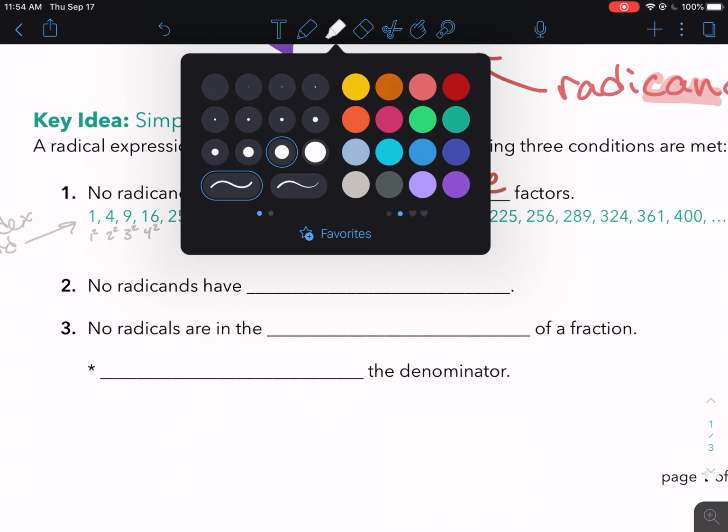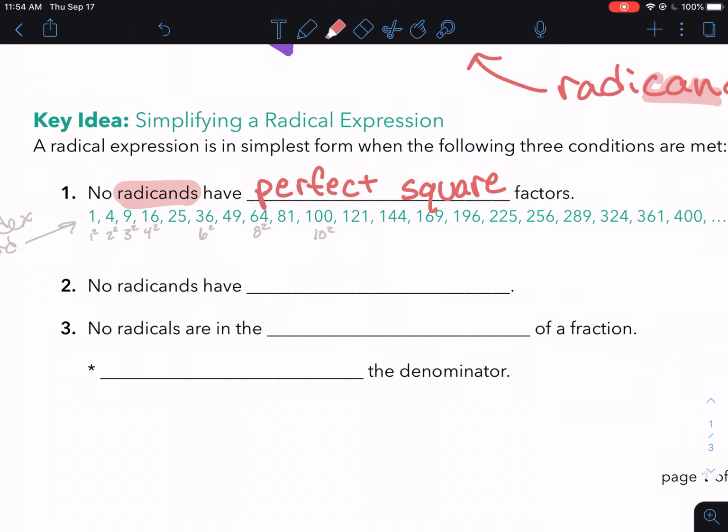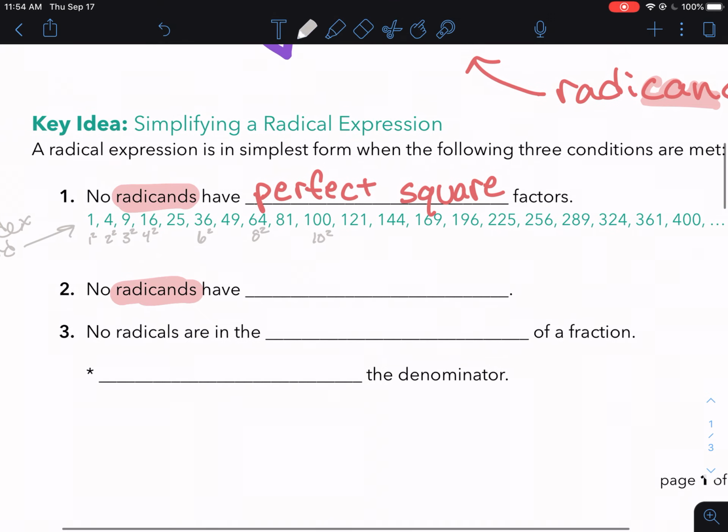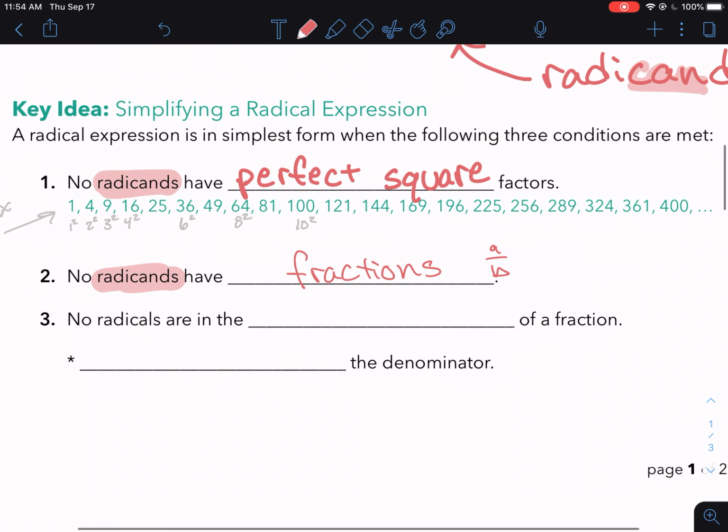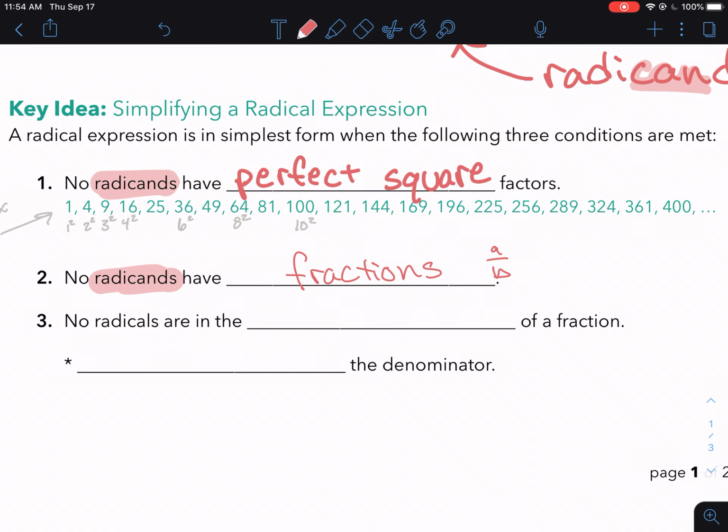Also, the radicand, remember that's the thing underneath the radical symbol, can't have any fractions inside of it. A fraction is something like a over b or whatever. That cannot be under your radical. And finally, no radicals are in the denominator of a fraction.